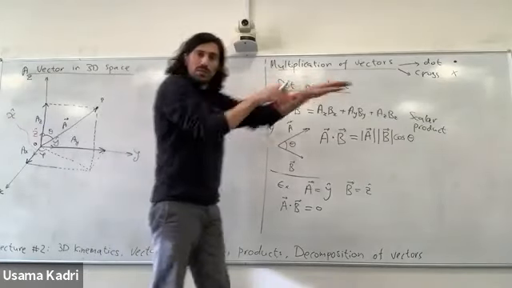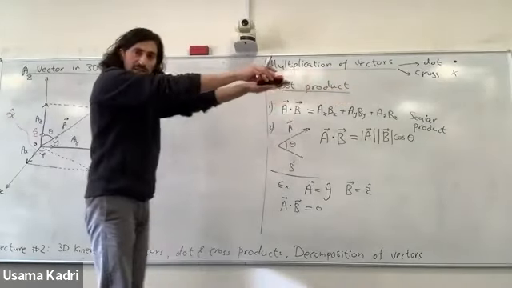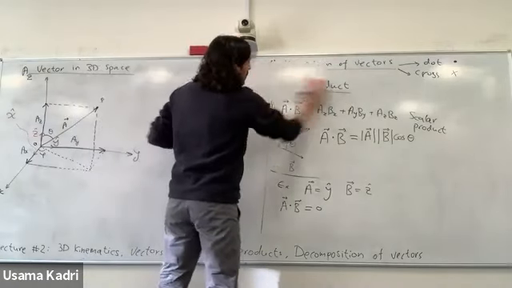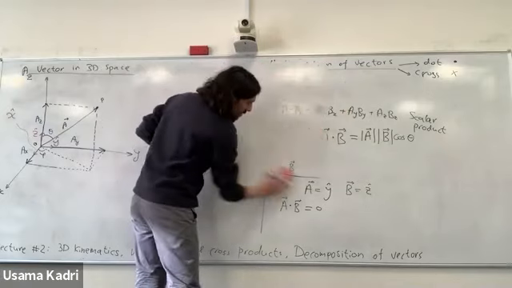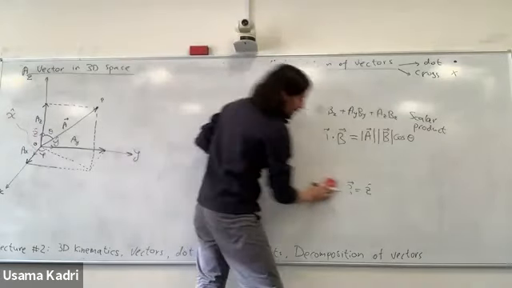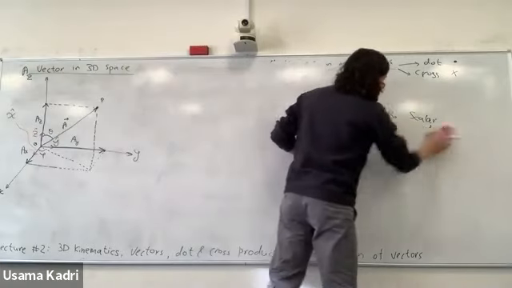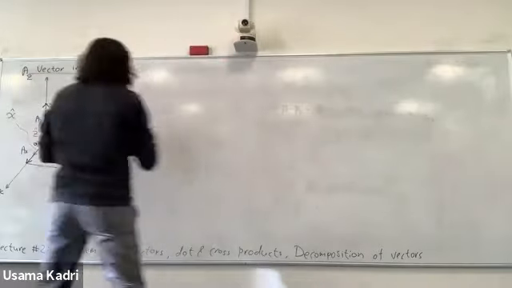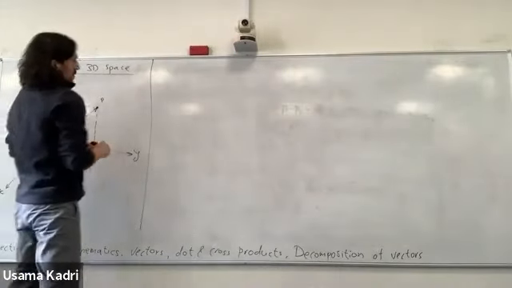So you're looking at these components that multiply each other in the direction. However, with the cross product, you're looking at the perpendicular ones. So what's important is the perpendicular ones. It's going to be clearer soon, hopefully.